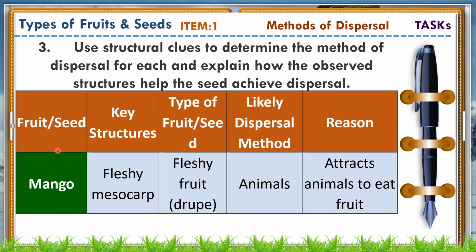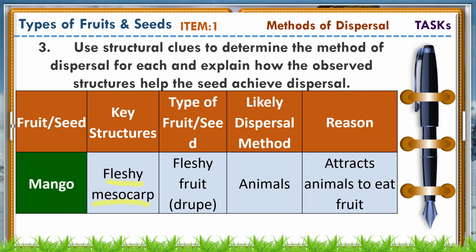Let's look at this table also. We have the fruits and the seed, the key structures, the types of fruit and seed, likely dispersal method, and reason. We have the mango. The key structure here is the fleshy mesocarp.